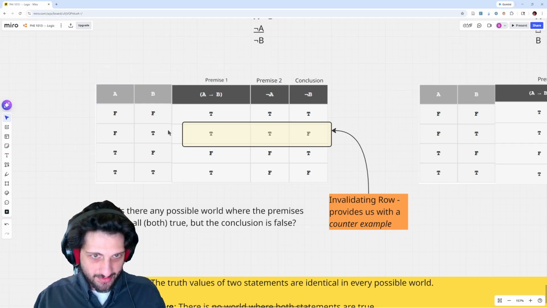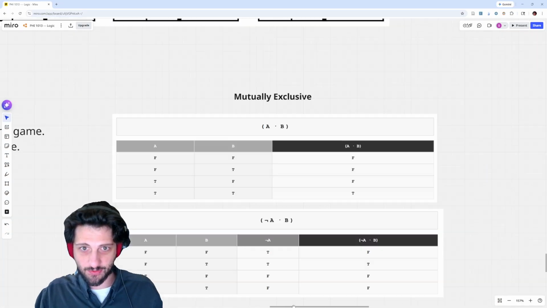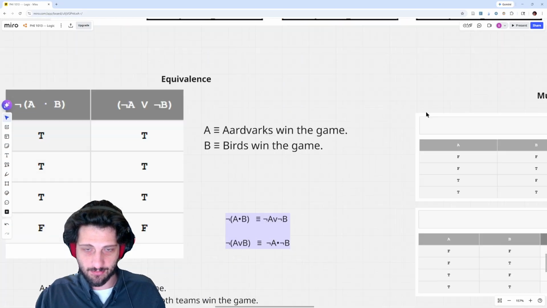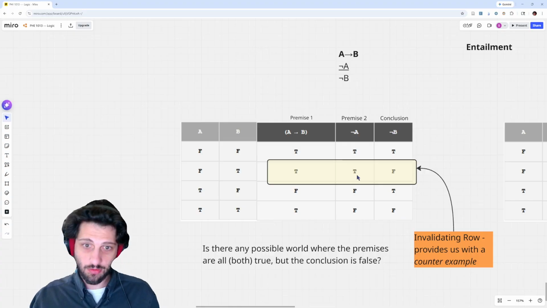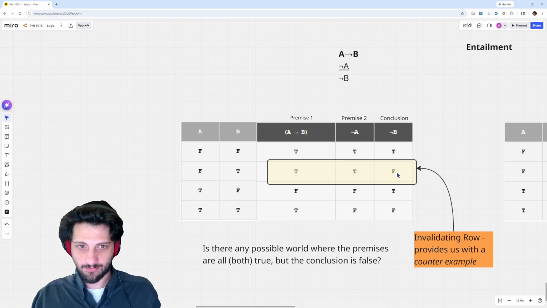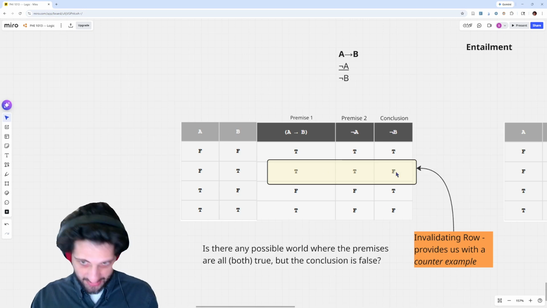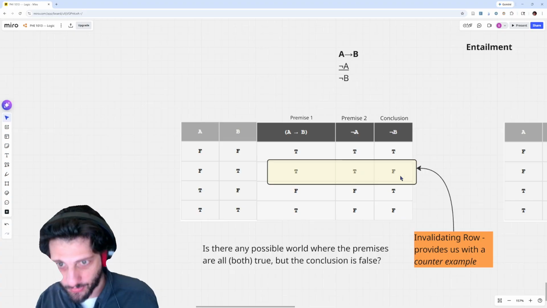If that happens, then the conditional is going to be true. Sure, A would lead to B. We're still going to say that's true, it just goes back to our rules up top. We're still going to say not A is true, but not B is definitely false. In this world where B is true, not B is false. So we would have a true premise 1, a true premise 2, but a false conclusion.